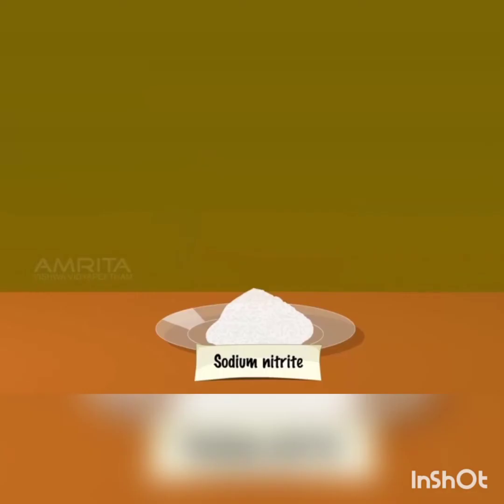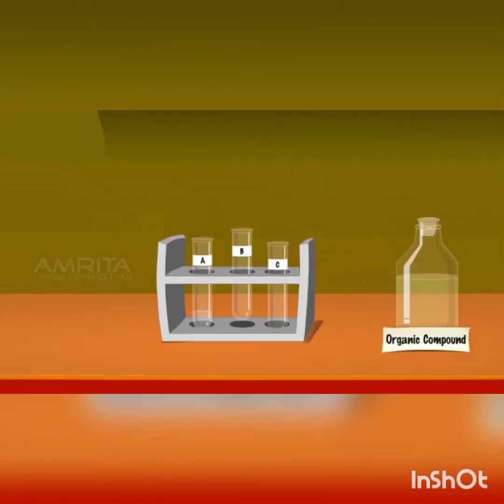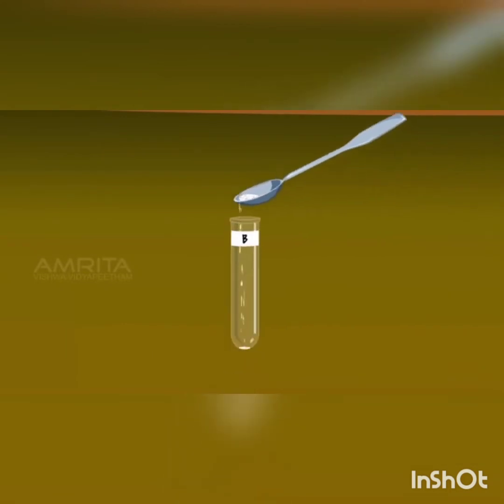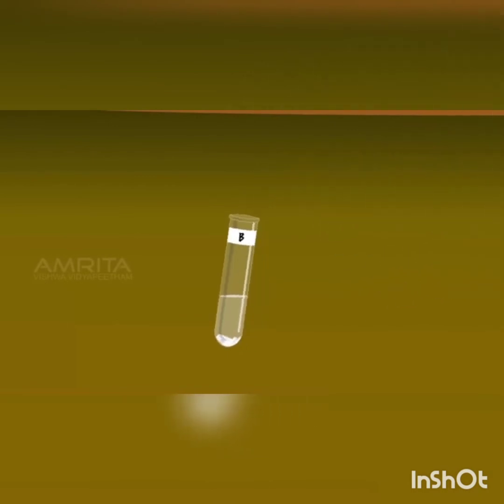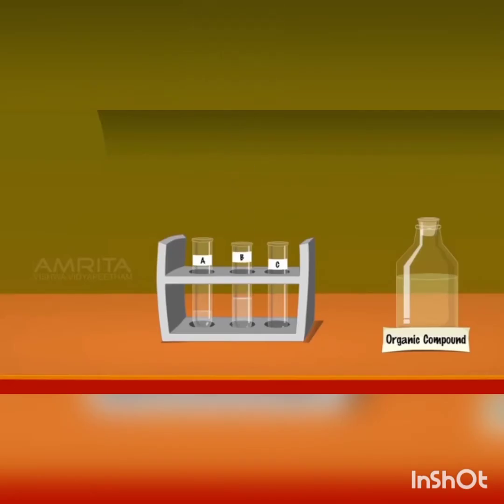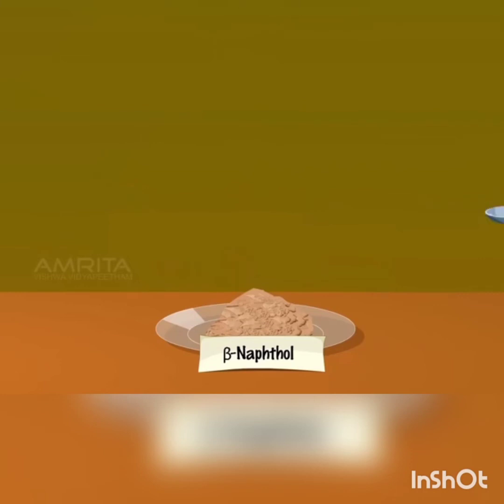Take a small quantity of sodium nitrite using the spatula. Take the test tube B. Transfer it into test tube B. Now add a small quantity of distilled water to the test tube and shake the test tube well to dissolve sodium nitrite. Place the test tube in the test tube rack. Using another spatula, take a small quantity of beta-naphthol.